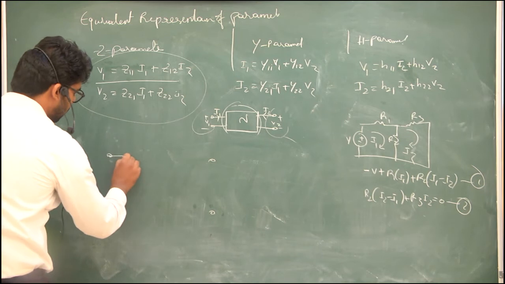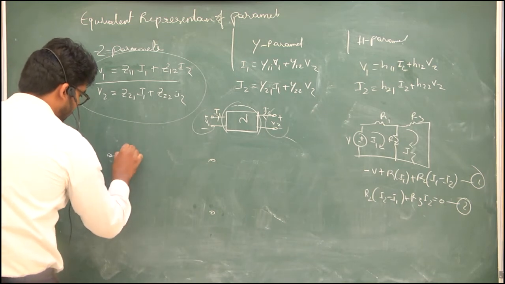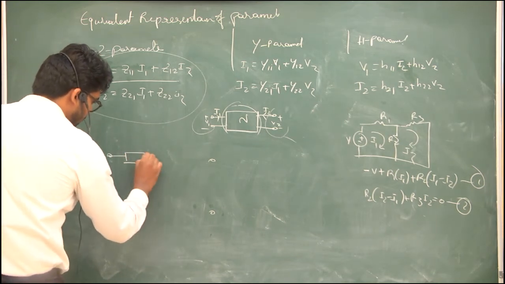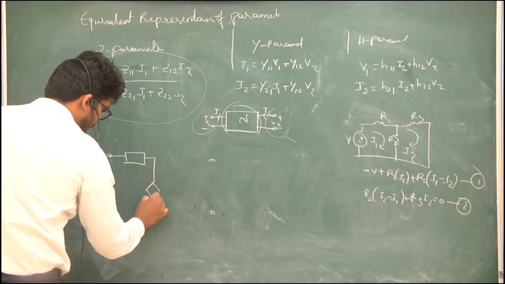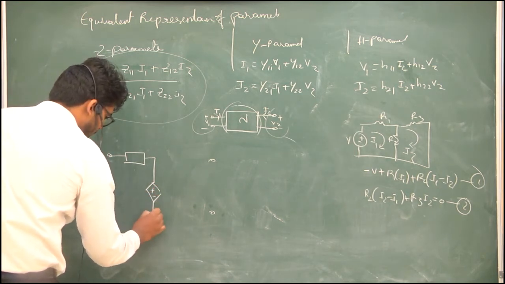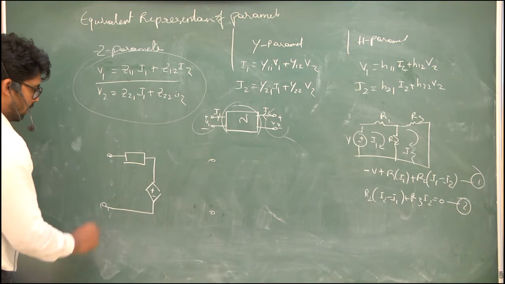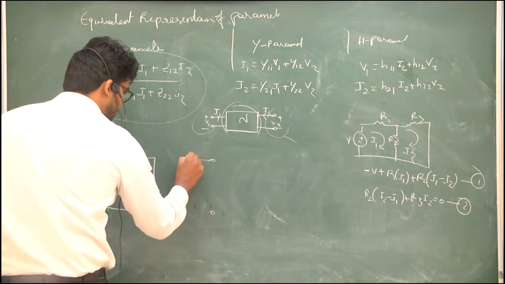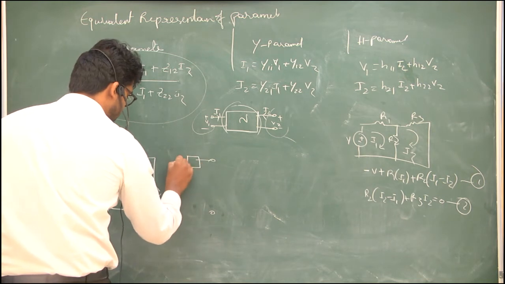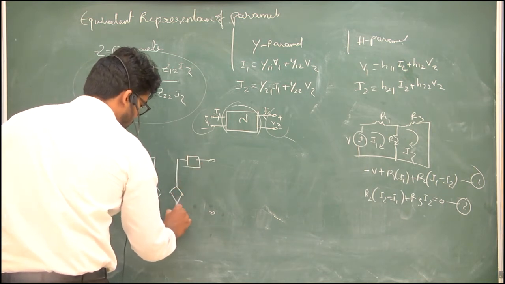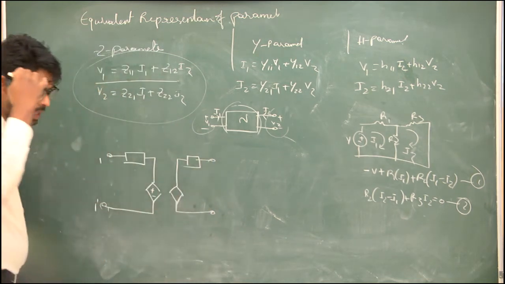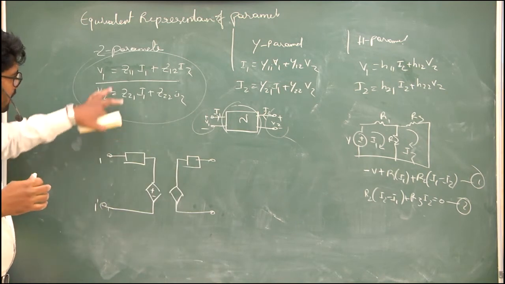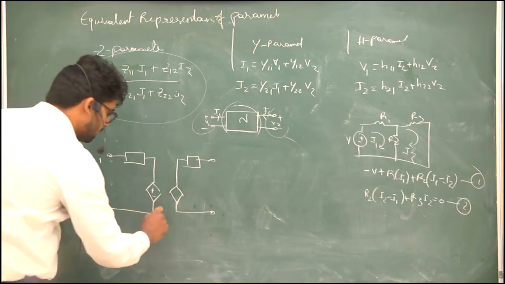The input section I represent with a box, and again I represent a voltage source followed by a port. This is one port and this is another port. Keeping the equations in mind, I am drawing this.